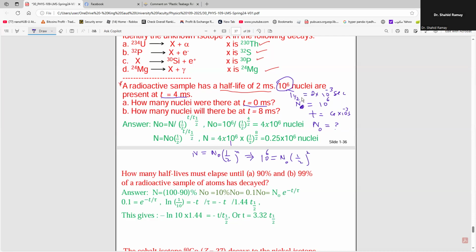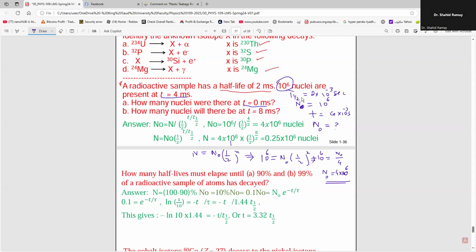Now you can solve this one. So 10 raised to power 6 is equal to N naught over 4, since 2 squared is 4. So you can write N naught is equal to 4 into 10 raised to power 6.